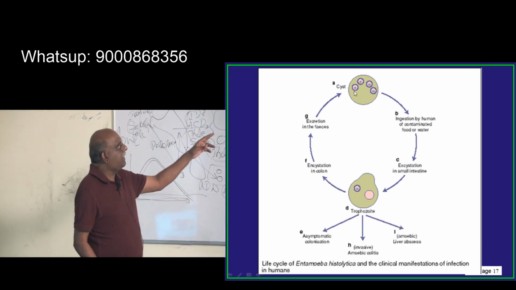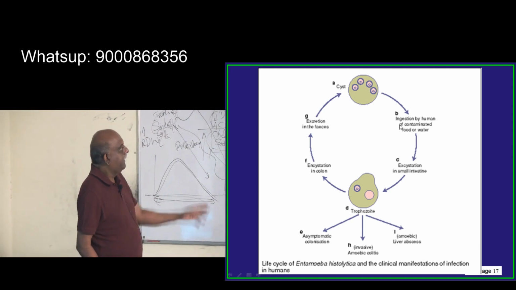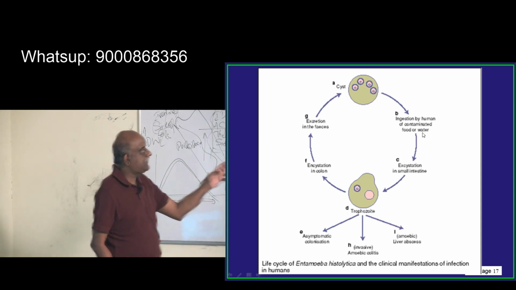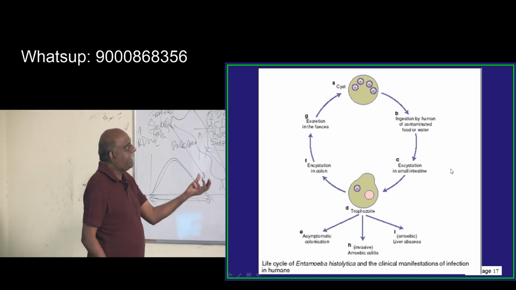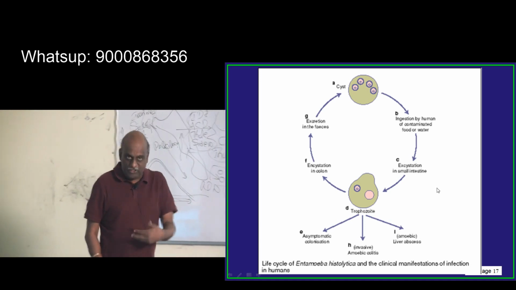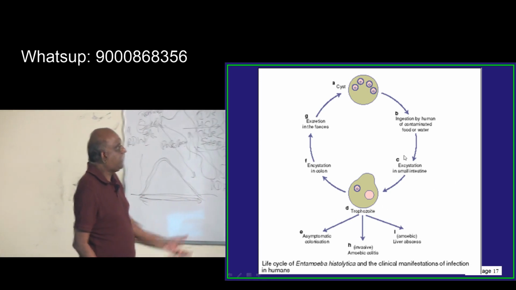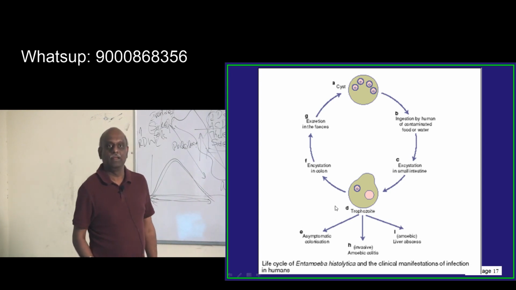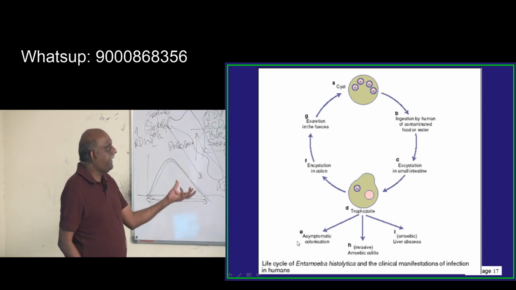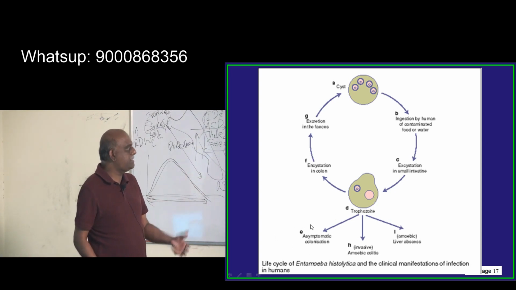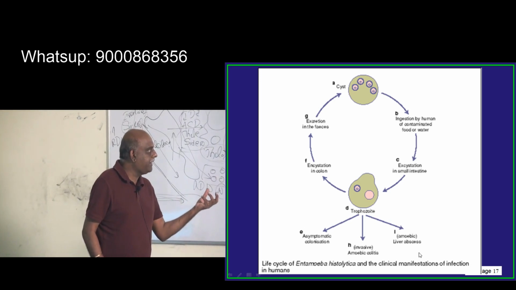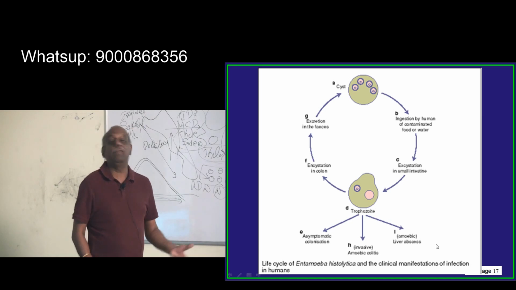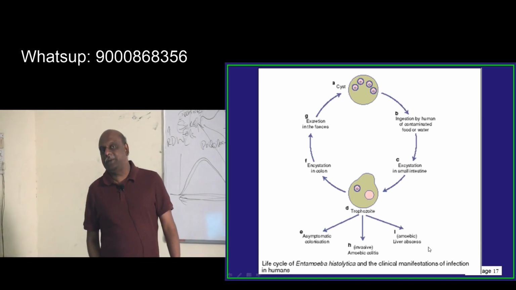So a tetranucleate cyst is ingested by the humans from the contaminated food, and the excystation occurs in the human small intestine. That will create a trophozoite, and the trophozoite can lead to asymptomatic colonization or amoebic colitis, or it can lead to development of the liver abscess, amoebic liver abscess.